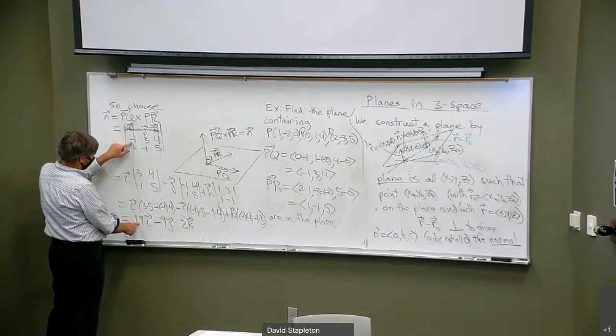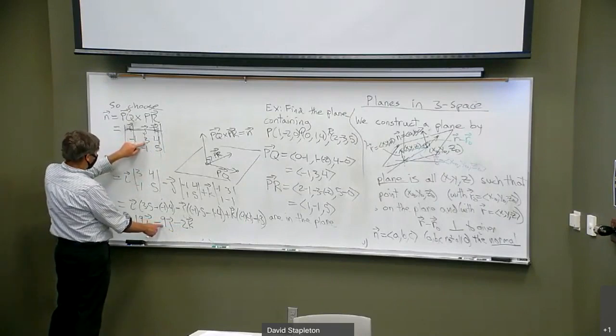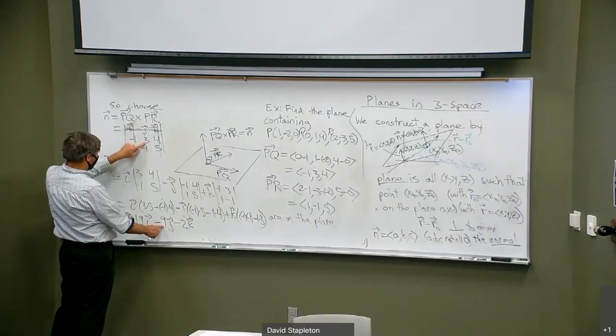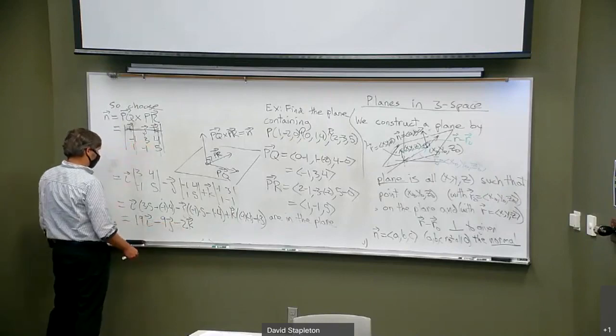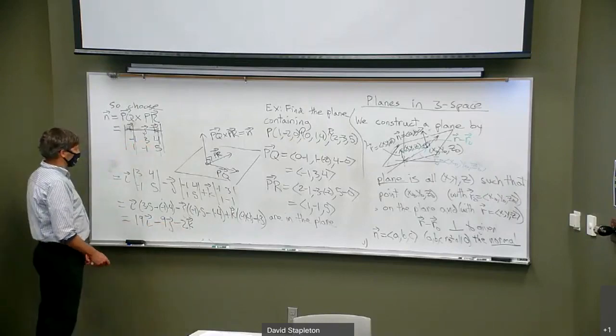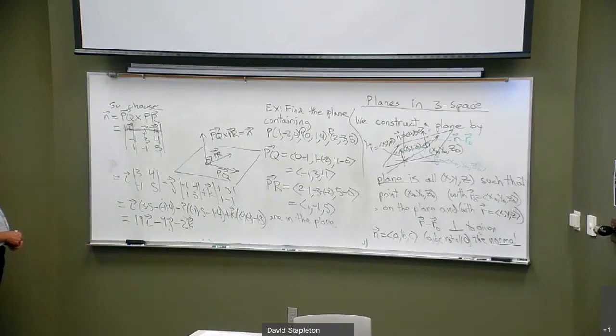Minus 1 times 19 is minus 19. There's another minus 27. And then minus 8, that can't be right. That's negative. That's not 0. So I got a mistake somewhere. What did I do? Well, let's see.